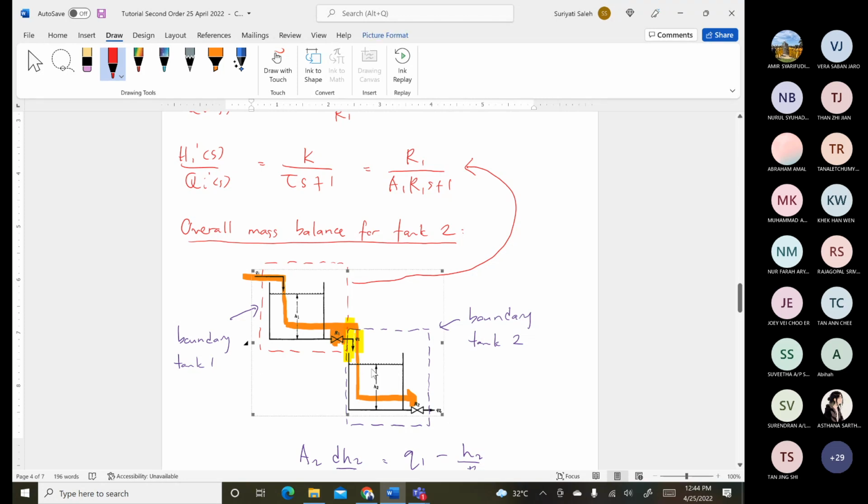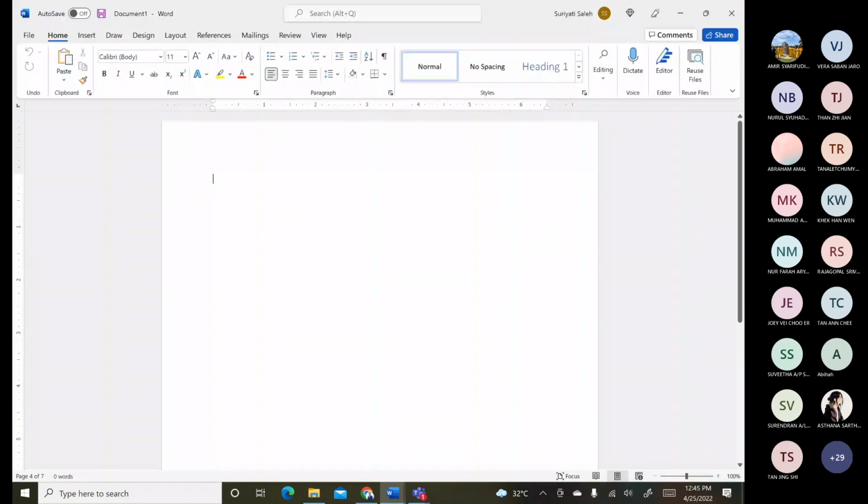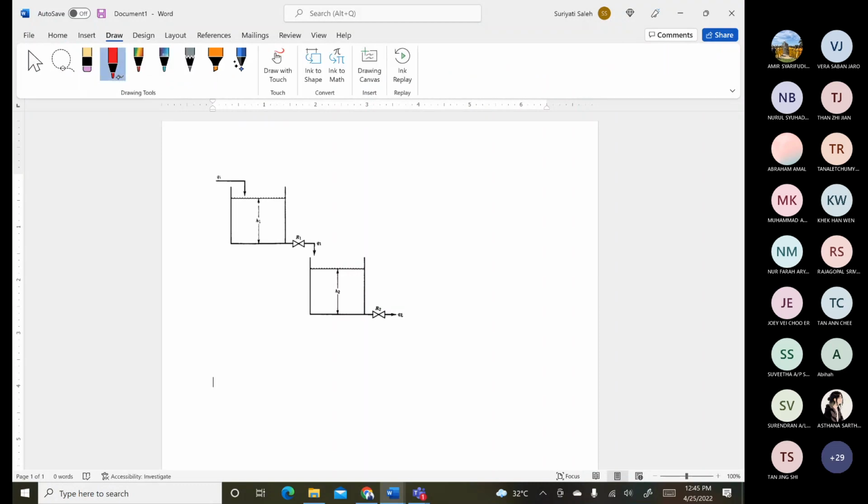we set our boundary for, so this is one of the examples. In this case, we set our boundary like this. So you put the Qi, and then you do it before the boundary, before the valve. So what happened?